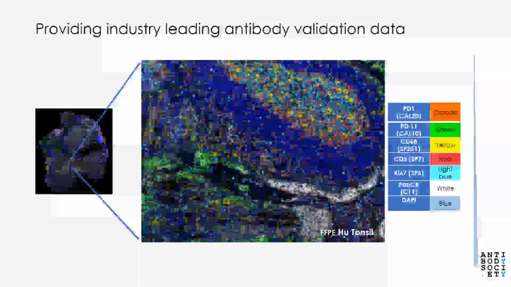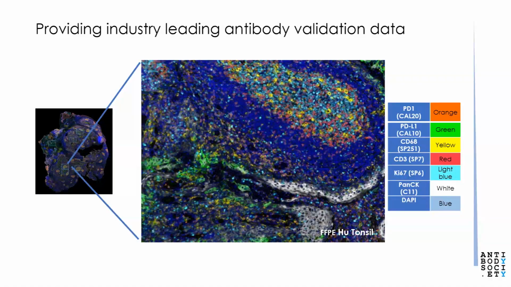So in summary, I hope I have shown you how we are utilizing knockout validation for our antibodies. Providing products which are specific and work the first time is integral to our mission.